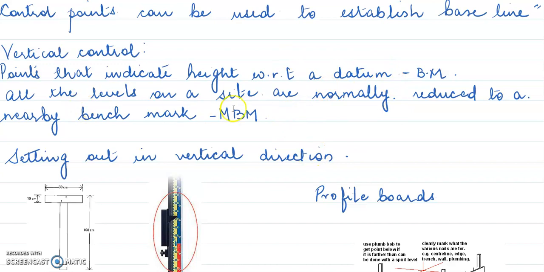The benchmark used for reference for your entire project work is called the master benchmark, commonly abbreviated as MBM. From this benchmark, all the vertical levels are taken, meaning at all the points on your site, the levels are with respect to the MBM, and that's how you determine the cutting and filling quantities.